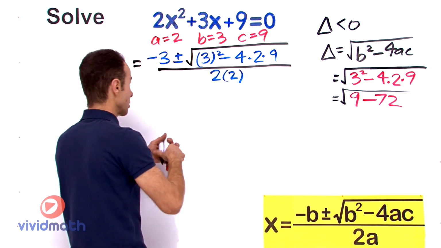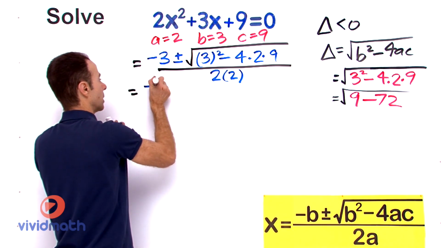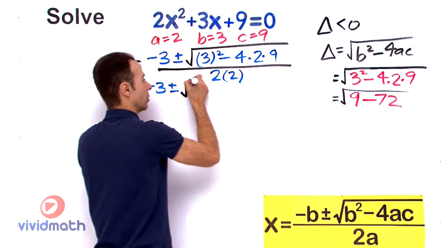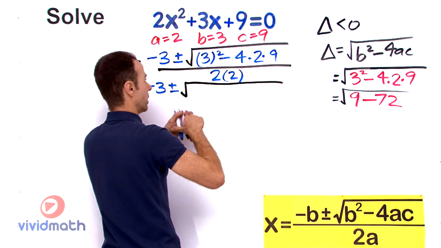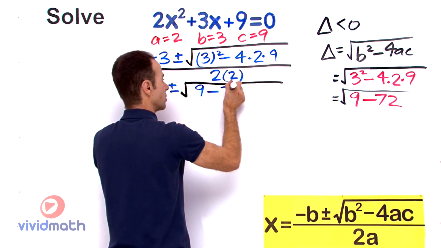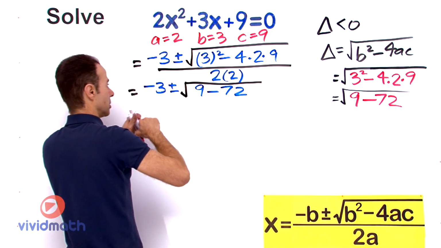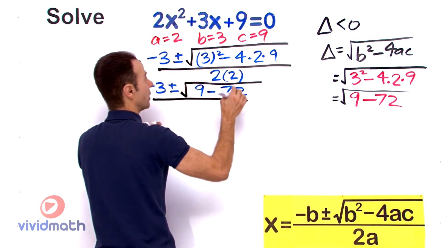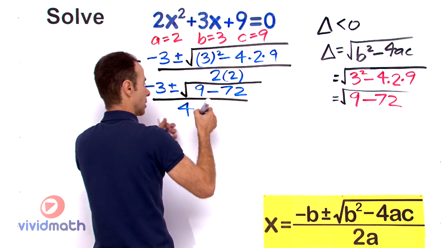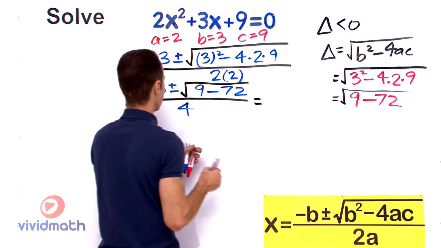Okay, let's continue to solve. So we've got negative 3 plus or minus square root 9. We did it before. 9 minus 8 9s are 72. Don't need to go all the way there. All over 2 times 2, which is 4, which equals, what does that equal?